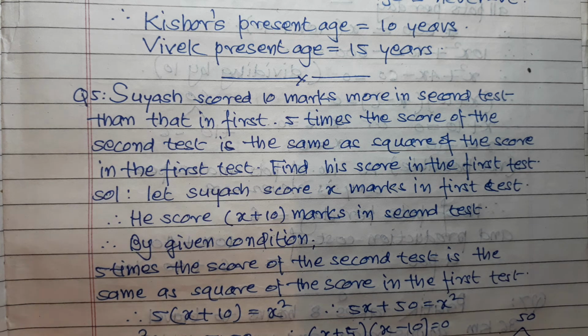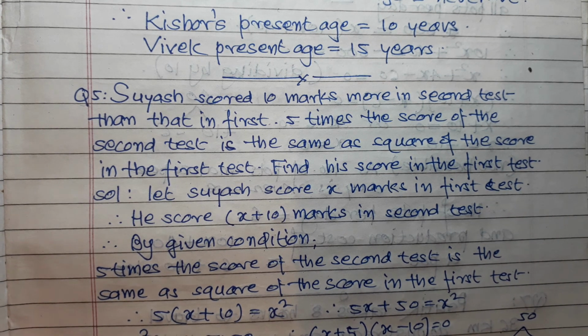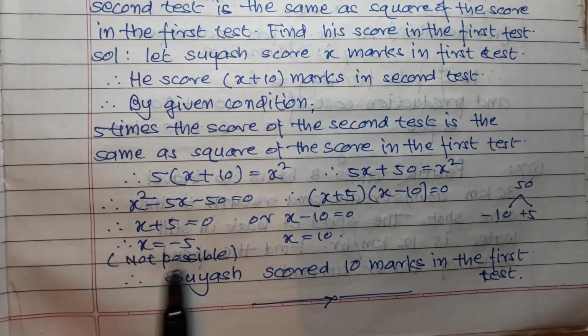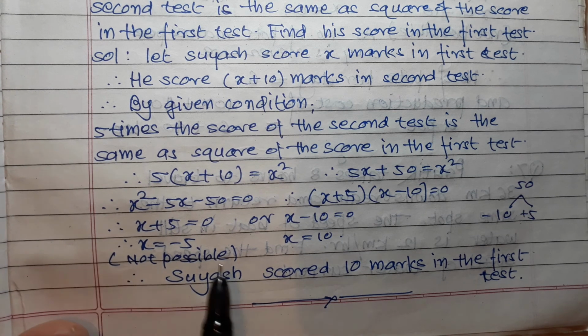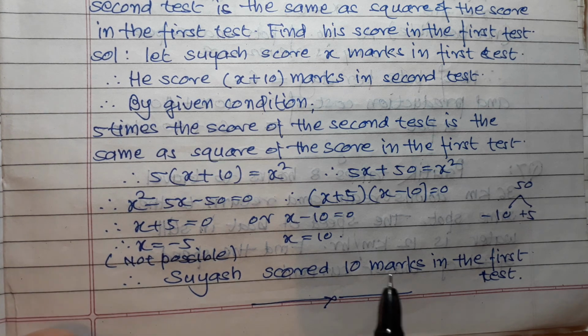And therefore x plus 5 into x minus 10 is equal to 0. So x plus 5 is equal to 0, x minus 10 is equal to 0, and therefore x is equal to minus 5 and x is equal to 10. So x equal to minus 5 is not possible and therefore x is equal to 10, and hence Suyash scored 10 marks in the first test.